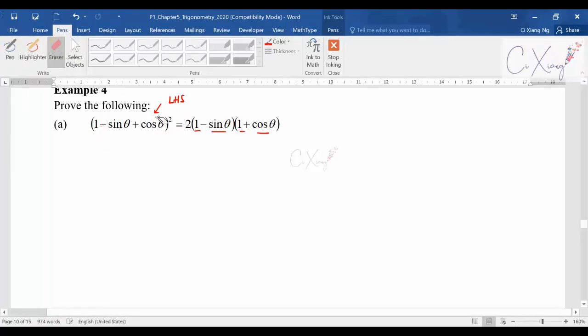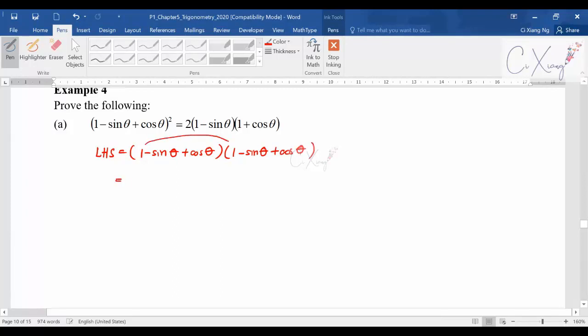Okay, I will roughly show you how to do it here. From the left-hand side, you are having (1 minus sine theta plus cos theta). And because you square it, you have to multiply the bracket twice, and then you have to expand these 2 brackets.